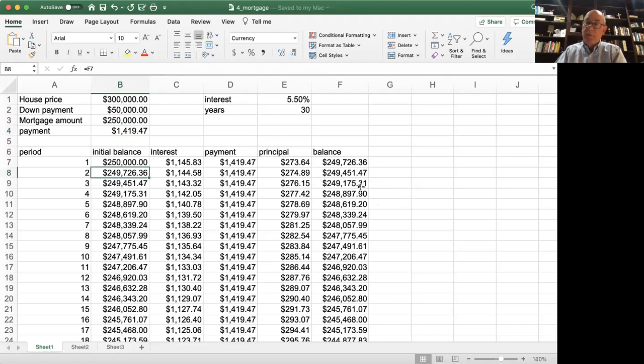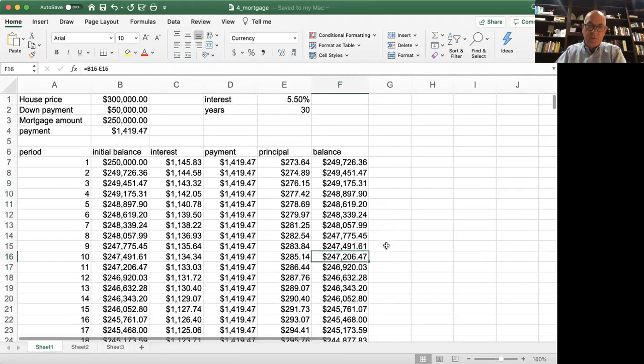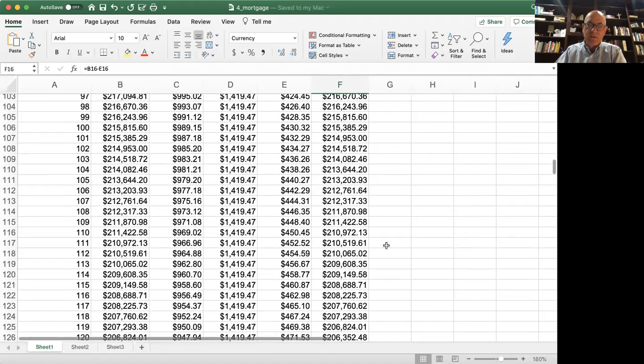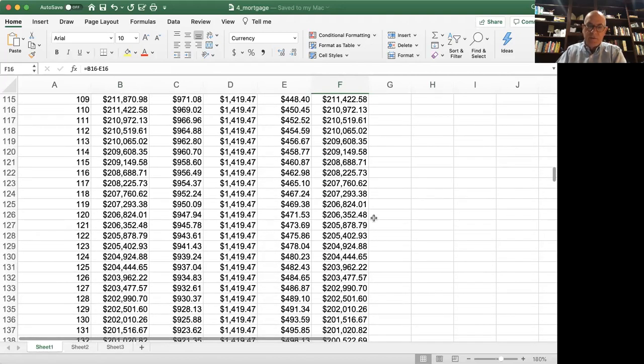So we ought to be able to calculate this balance, how much we owe at the end of a certain number of months. This was a $250,000 loan, and let's go down here to 120. This is 10 years in, right? After the 120th payment, that's 12 months per year, 120, 10 years.